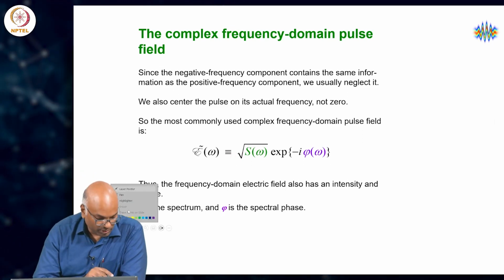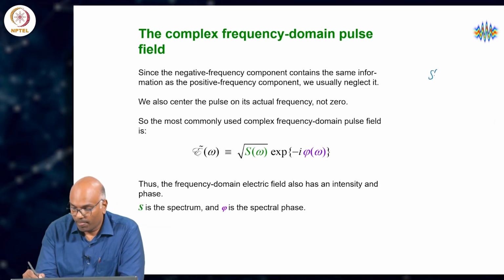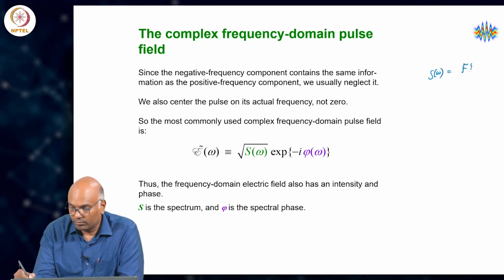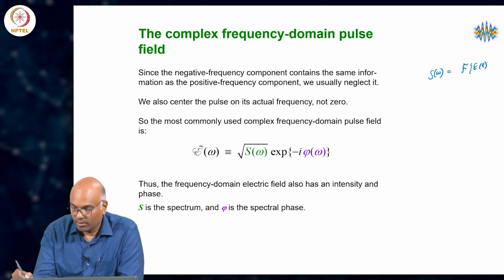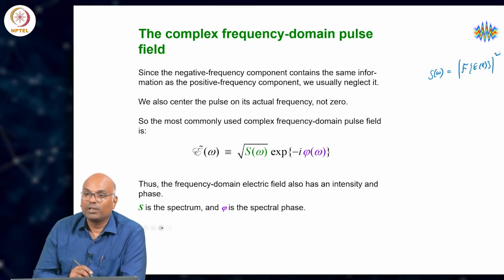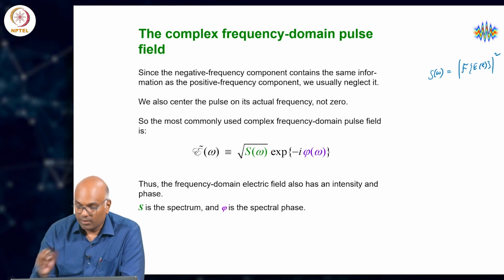Remember, the spectrum S of omega is always the absolute value square of the complete Fourier transform, which is a complex valued function for the field.